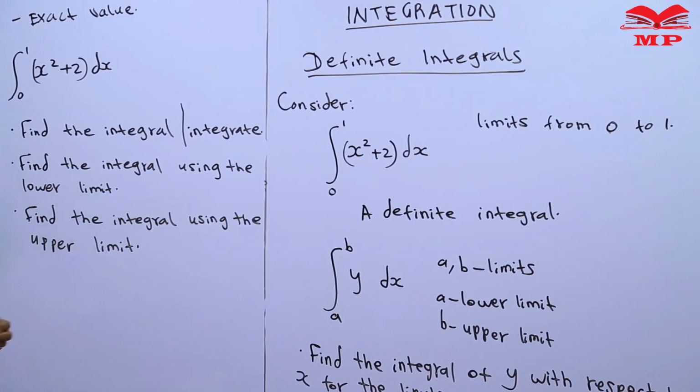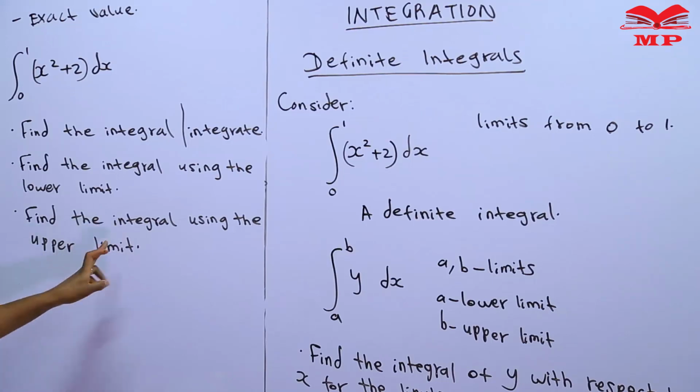We'll move step by step. So the first thing is to integrate this. Then after integrating, we find the integral using the lower limit. Again, we find the integral using the upper limit.